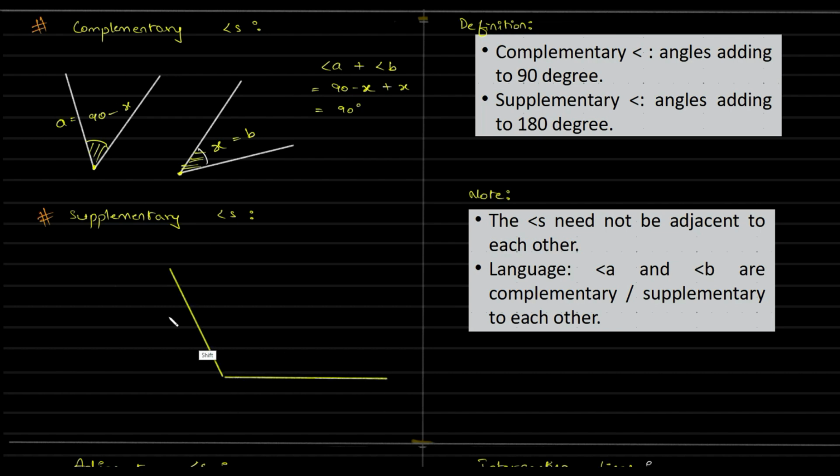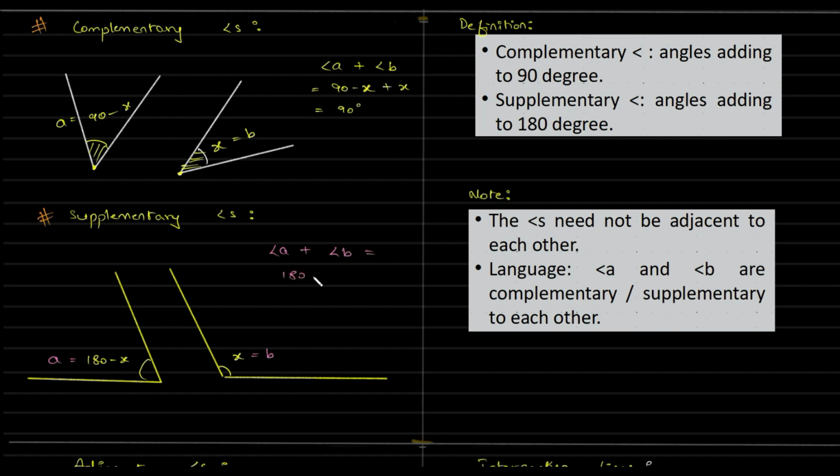Next, I have one angle over here, something like this, and another something like this. If this is B, and let me call this x again, and say this is 180 minus x, and this is A, here angle A plus angle B is equal to how much?